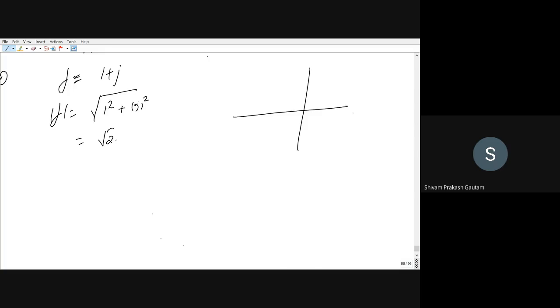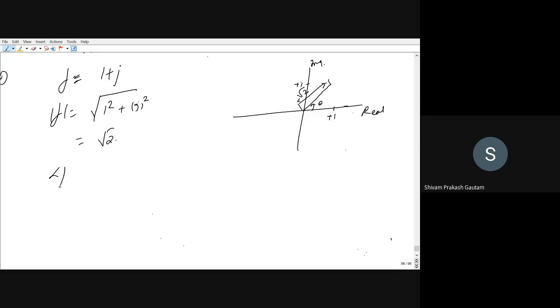If you plot this in a plane, suppose this is the real part and this is the imaginary part, so 1 will come out somewhere here and j will come out somewhere here. This is called the magnitude, which we have calculated: root 2. This is plus 1, this is plus j, and the phase that it is making is, let us say, theta or phi.